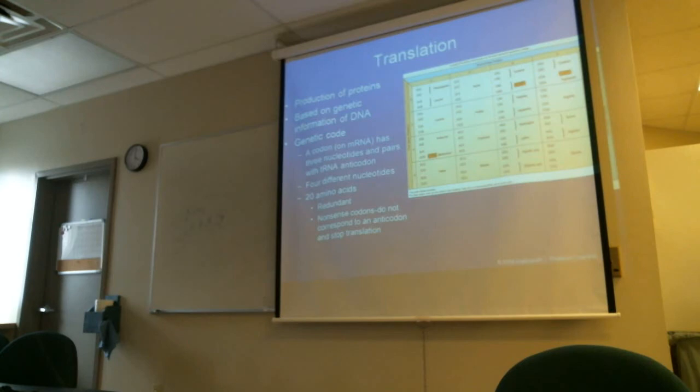Translation. This is where you're actually making the proteins. So you're putting an amino acid together with another amino acid. Now as far as the genetic code, during translation you always have a sequence of 3 nucleotides. The 3 nucleotides that appear on that messenger RNA, that's called the codon.